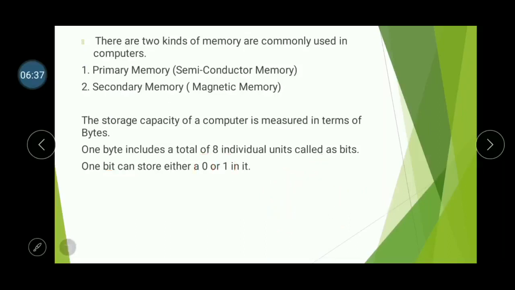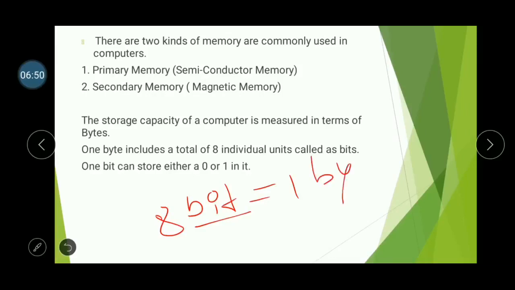The smallest space is called a bit. 8 bits is equal to 1 byte, which we use to measure the computer capacity.